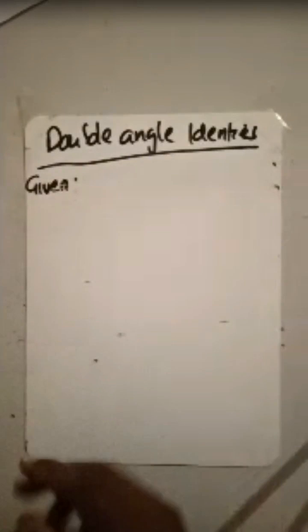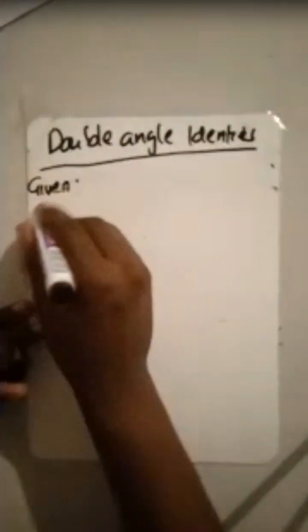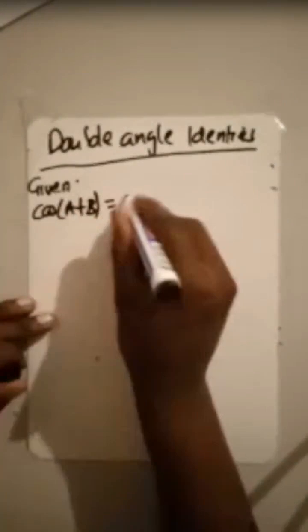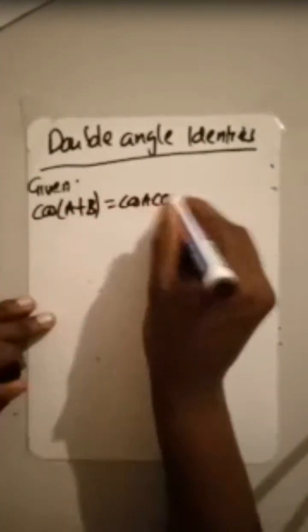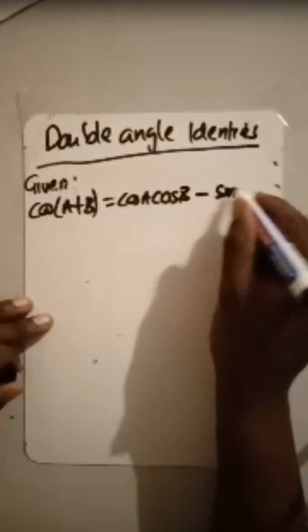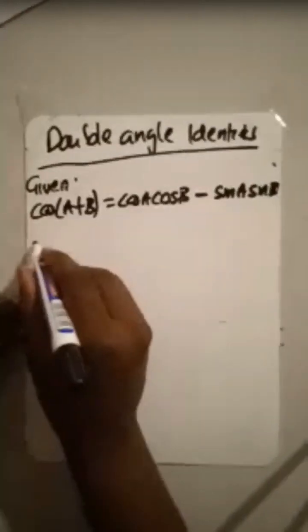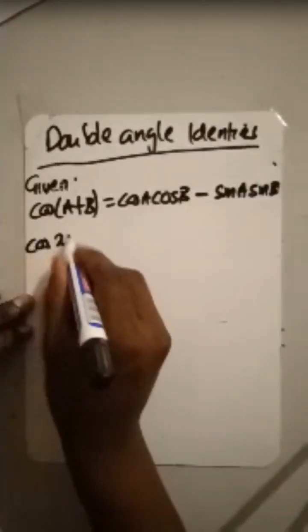Given cos A plus B is equal to cos A cos B minus sine A sine B. Right. Prove. Give the proof of cos 2A.